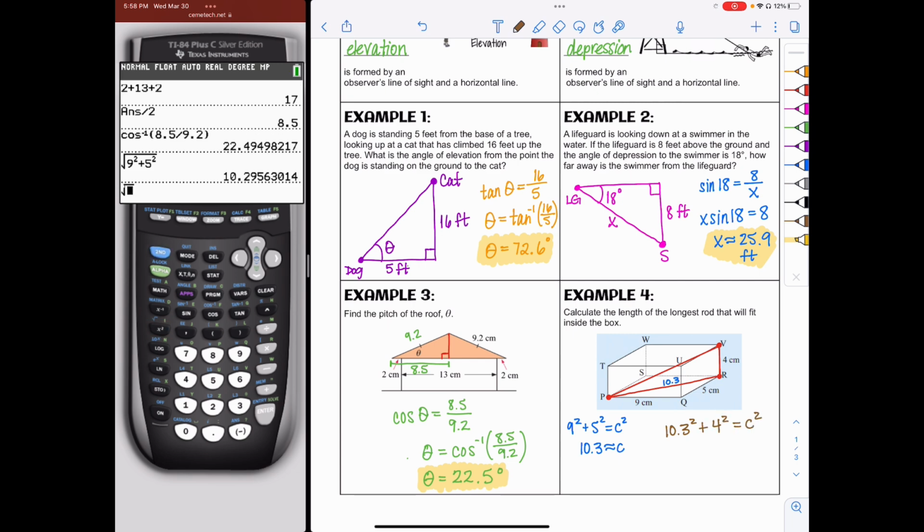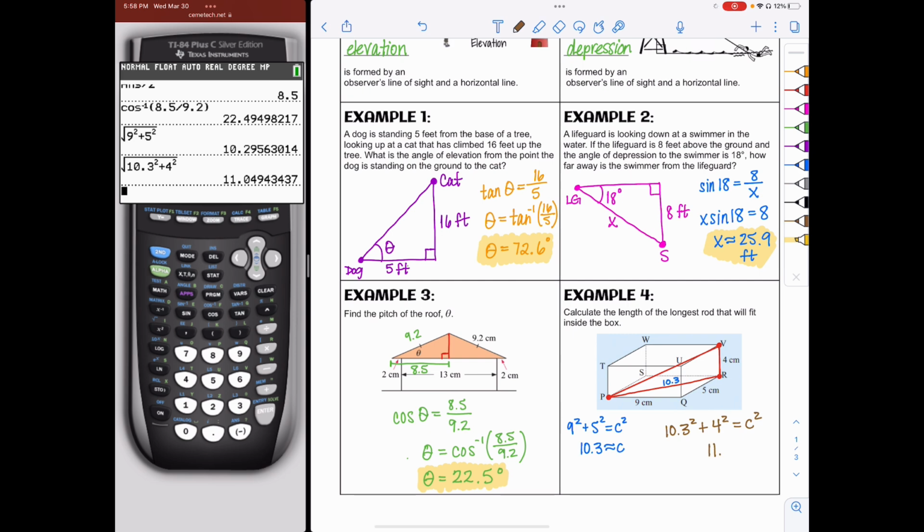If I take the square root of 10.3 squared plus 4 squared, I will end up with 11.0 in 3 sig fig, or just 11, and that is approximately c, the value that I want. That'll be the length of PV. So I know that PV is approximately 11.